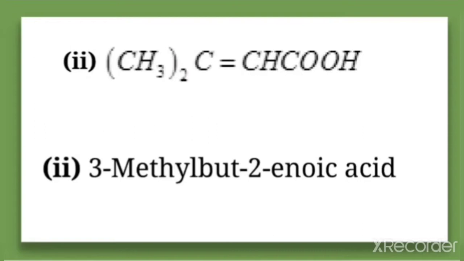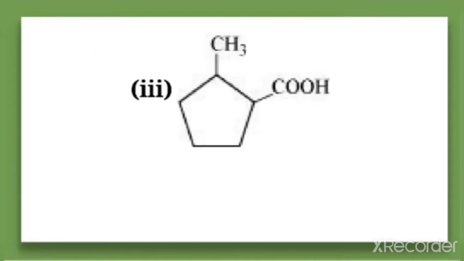In the cyclic compound as it is given here, in such a case, we cannot include the acidic group in the cyclic part. So in that case, we have to use the suffix carboxylic acid, instead of the suffix oic acid.